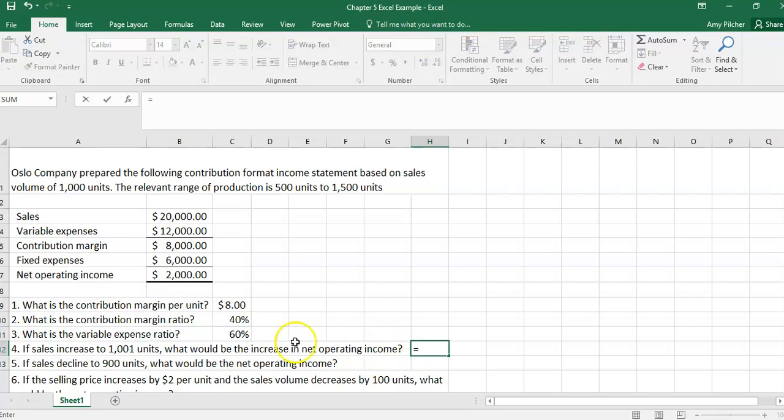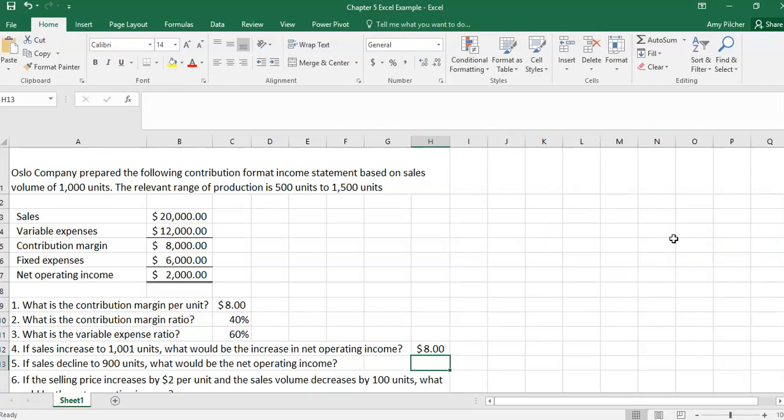So it would be $8 times 1, or $8. So for every increase in 1 unit of sales, we add $8 to the net operating income.